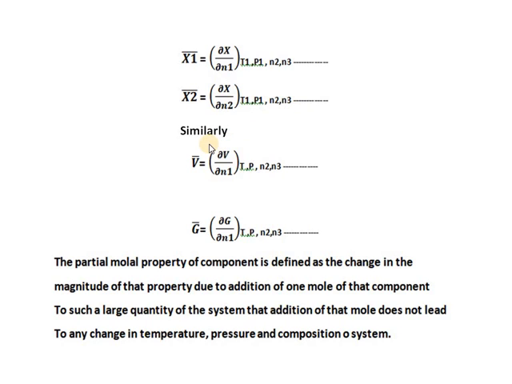Similarly, the other partial molar properties like V bar, the partial molar volume, V bar is equal to (∂V/∂n1) at T, P, n2, n3, and the free energy, G bar, is equal to (∂G/∂n1) at T, P, n2, n3.